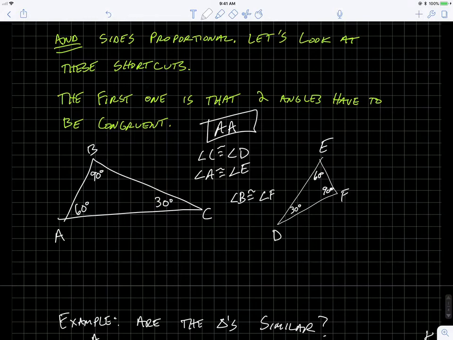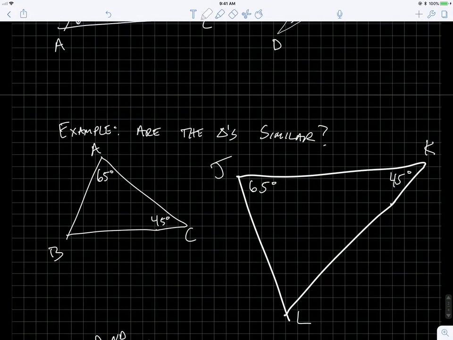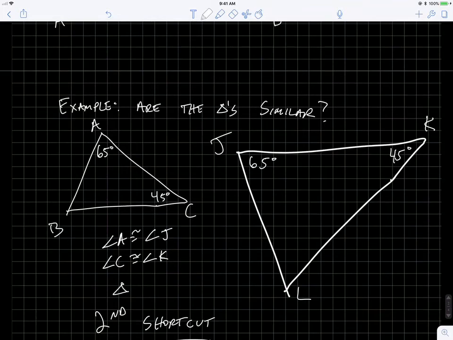All right, so that's our angle shortcut. So if we look at this guy, the question is, are the two triangles similar? The answer would be yes, because angle A is congruent to angle J. They're both 65. Angle C is congruent to angle K. They're both 45, and that's enough information to say triangle ABC is similar to triangle.